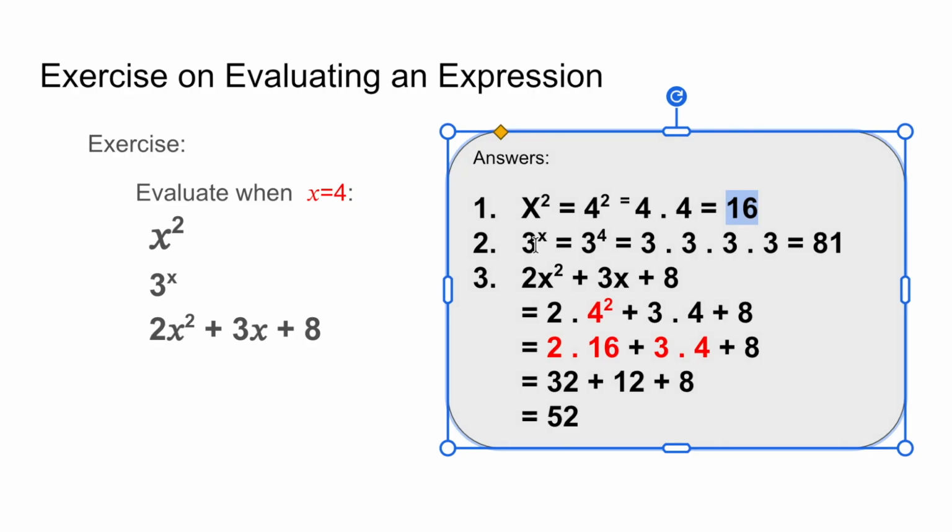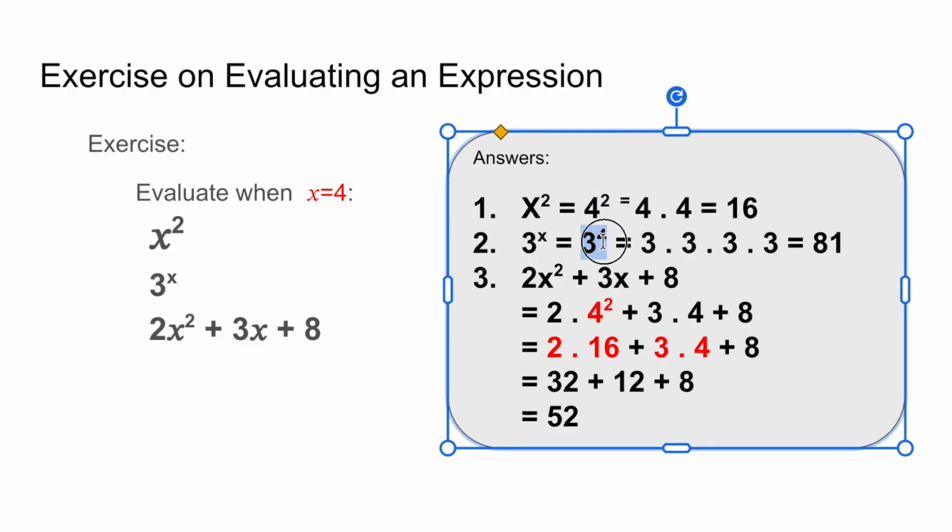Now let us take the second one, 3 raised to the power x. This is how you pronounce this. So x is 4, we know. So we make it 3 raised to the power 4. We replace x with 4. So what does this mean? For example, we said here 4 raised to the power 2 means you have to multiply 4 by itself 2 times, 4 times 4.